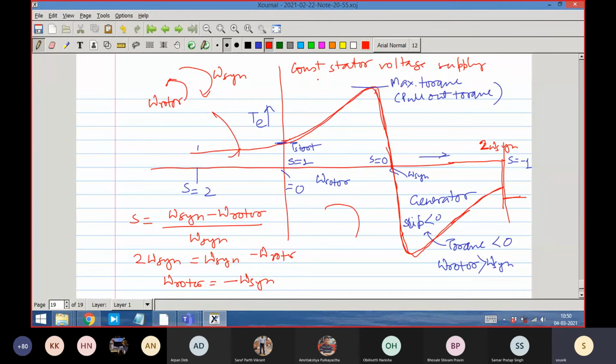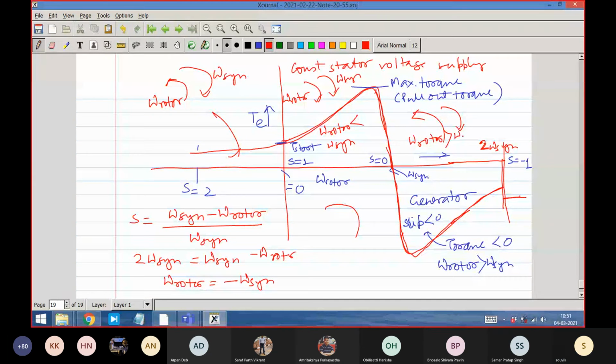In this zone, both are in the same direction, but omega rotor is less than omega sync. In the generator zone, they are in the same direction but omega rotor is greater than omega sync.